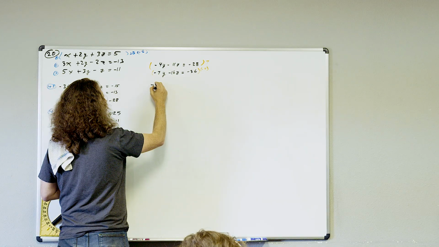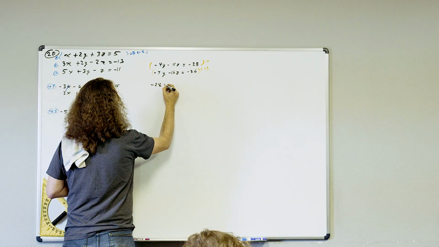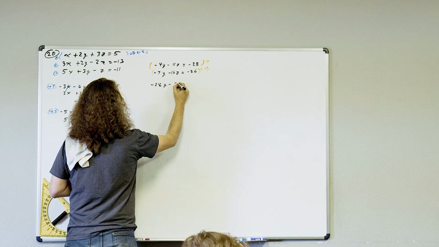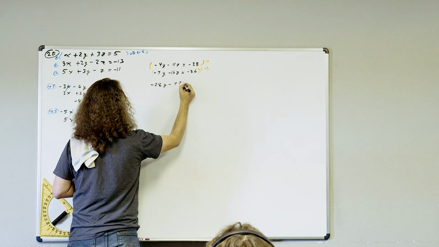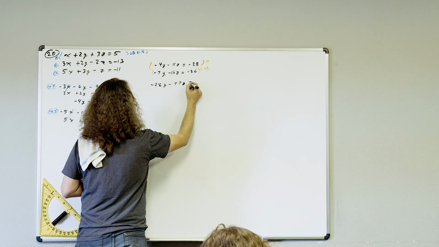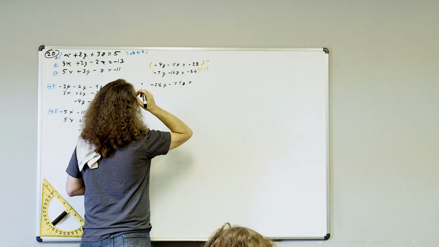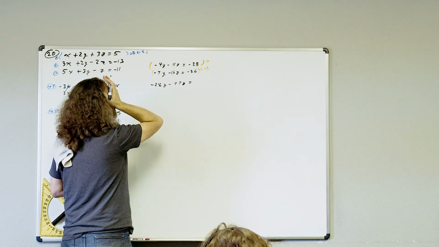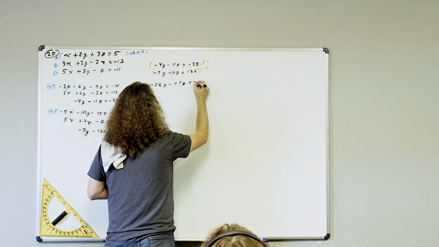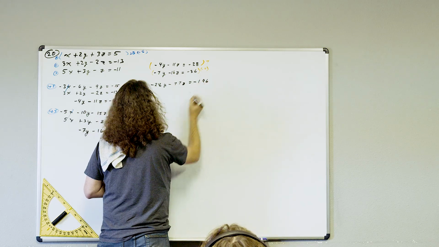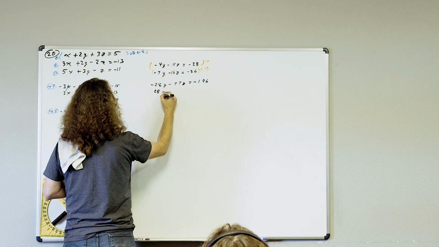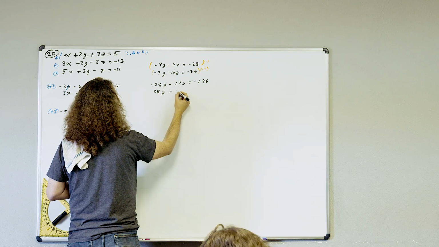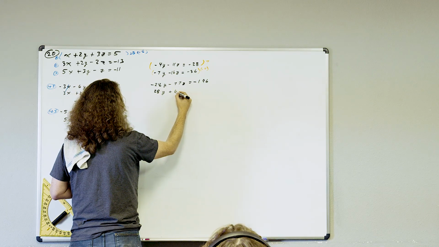So negative 28y minus 77z equals negative 140 plus 196. And then 28y plus 64z, is that right?